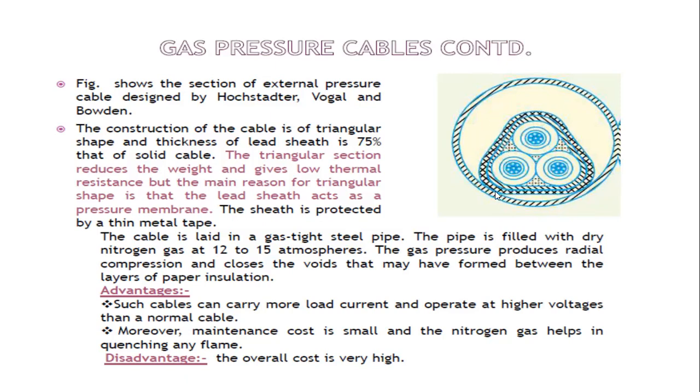This triangular shaped gas tube contains gas, and in that layer we have nitrogen gas. The cable is laid in a gas tight steel pipe, and the pipe is filled with dry nitrogen gas. Understand?